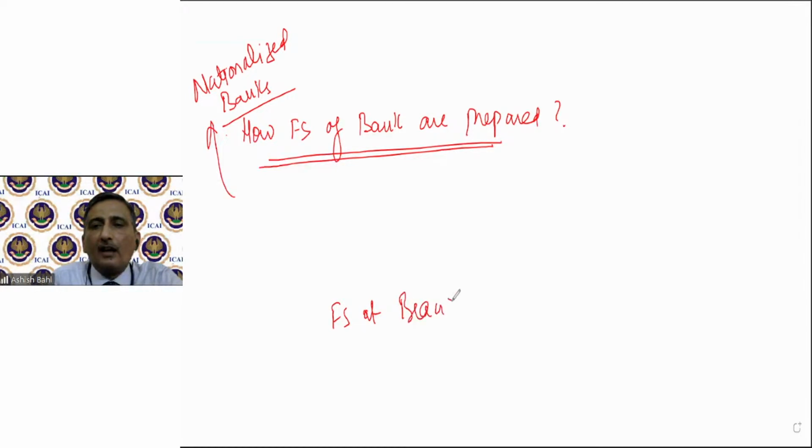First of all, financial statements are prepared at the branch level. Okay. And then these are consolidated at the circle level, at the zonal level, and finally at the HO level.